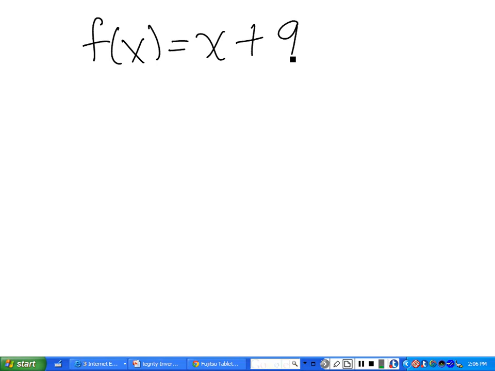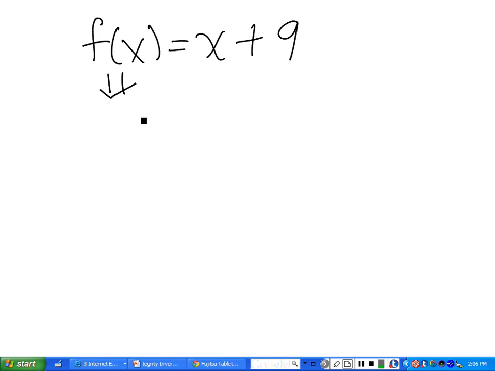You're going to have to memorize the steps to finding the inverse. The first step is to change this f of x to a y, and we know that f of x is equivalent to y, so that could help you memorize the first step.